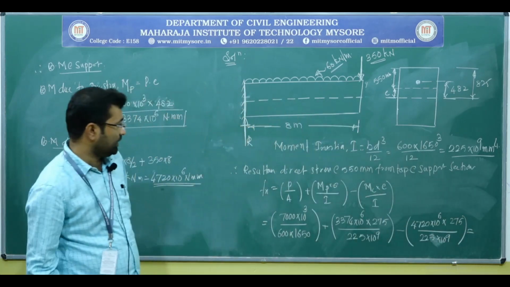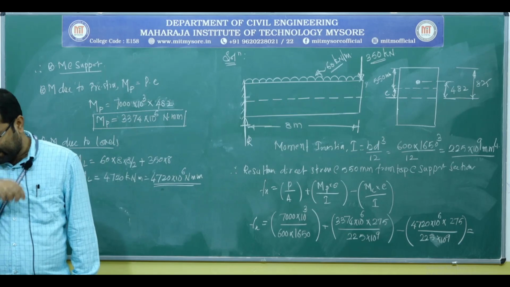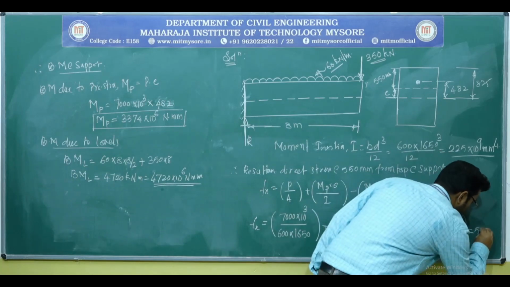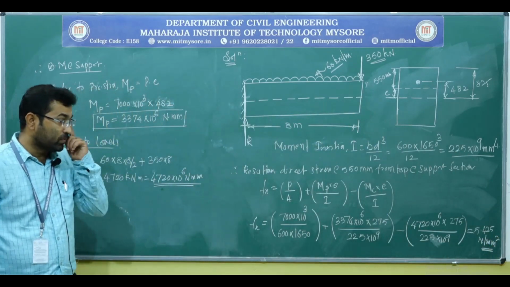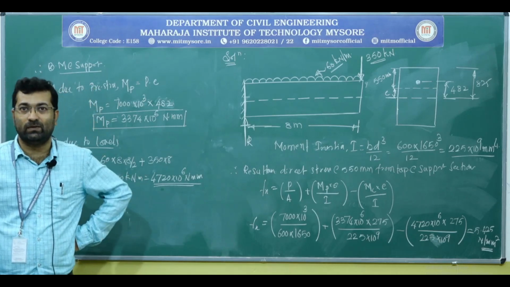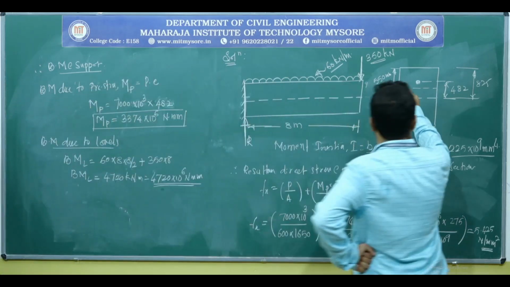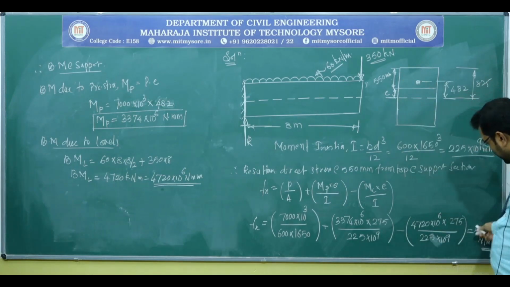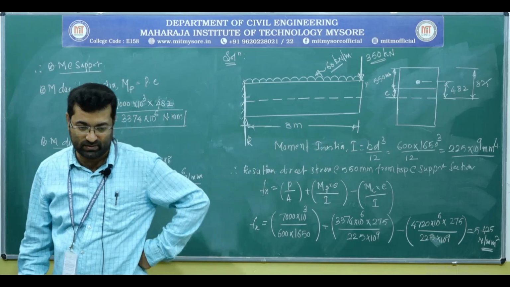This whole together yields a value of 5.425 newtons per millimeter square. Please verify this value. It is 5.425 newtons per millimeter square, the stress in the concrete at a distance of 550 millimeter from the top. It is a compressive stress.